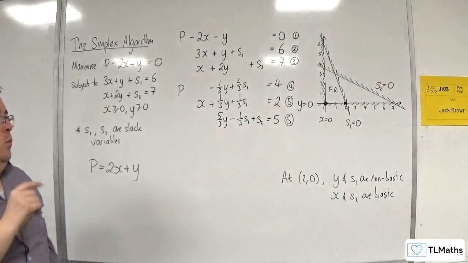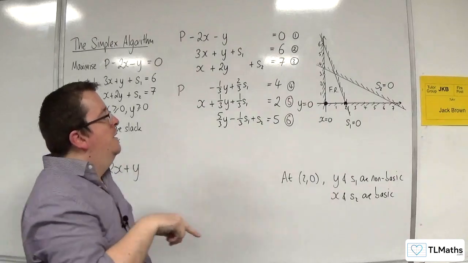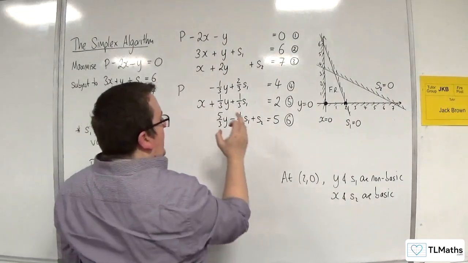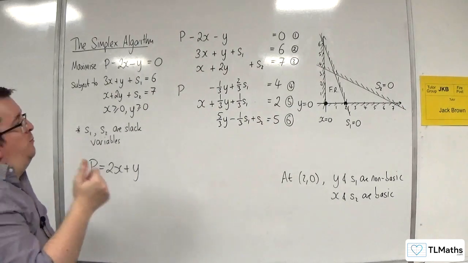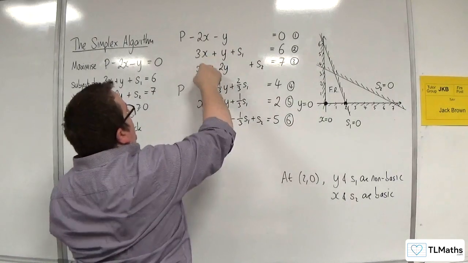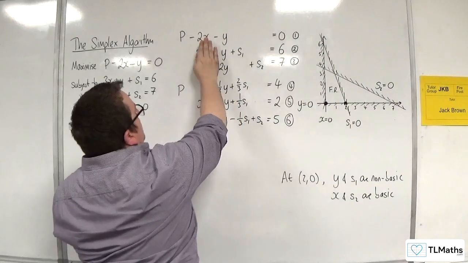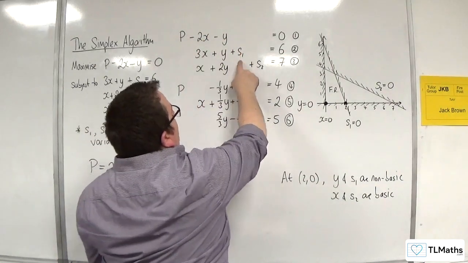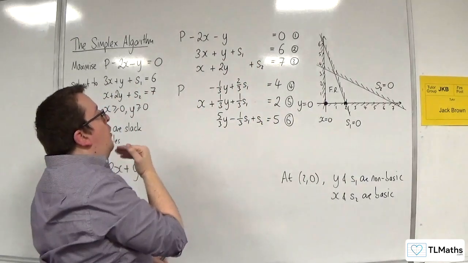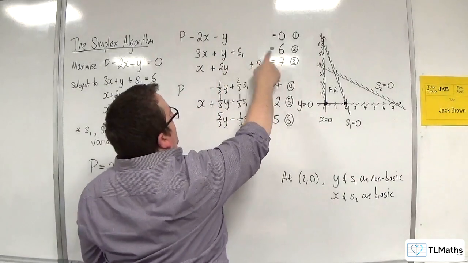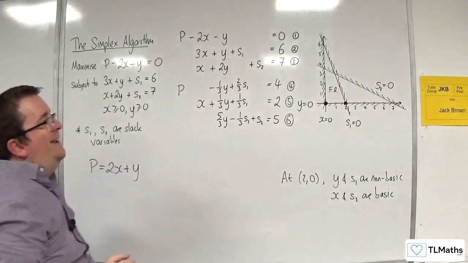At that point, y and S1 are non-basic, whereas the x and the S2 are basic. Whereas previously, the x and the y were non-basic, whereas the S1 and S2 were basic. Because at the origin, we had S1 is 6, S2 is 7.